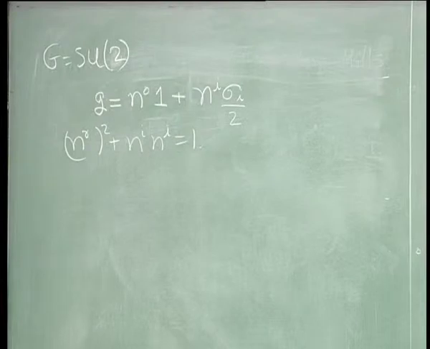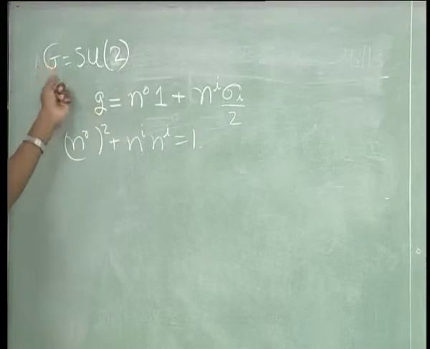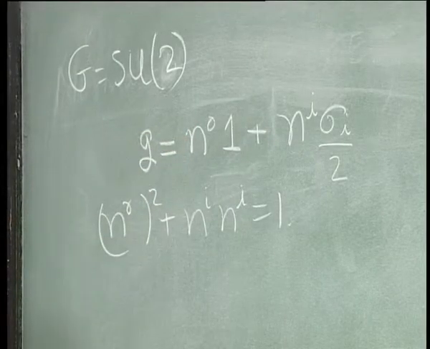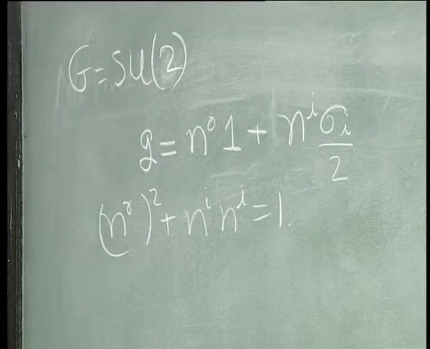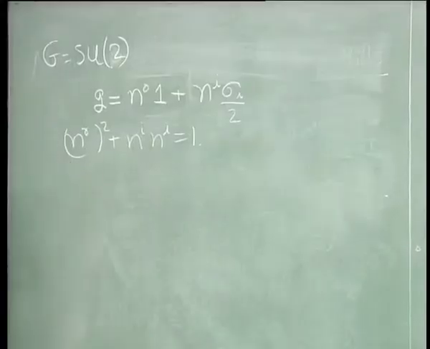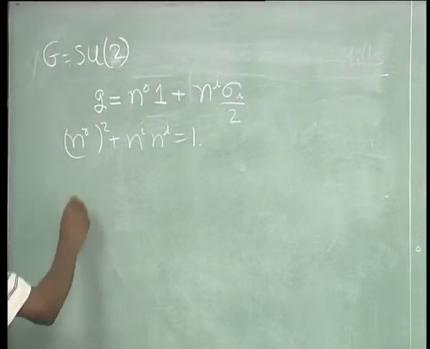Now we are in good shape. But actually it is very easy to check: this is unitary, so you just compute G dagger G, and if it is identity, that is the condition. Let me check that.